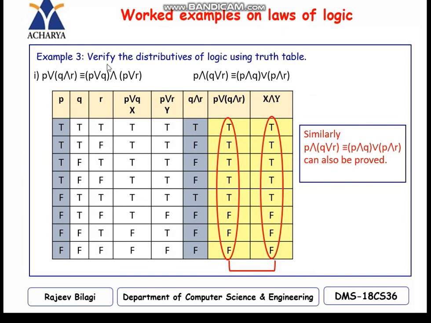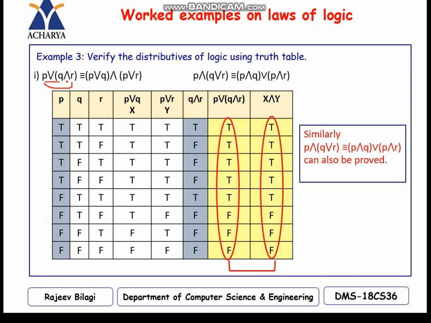Verify the distributive laws of logic using a truth table. So again, what is the distributive law? P or (Q and R) is logically equivalent to (P or Q) and (P or R).